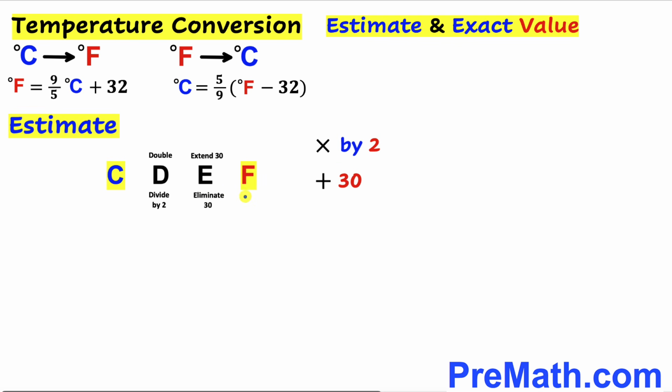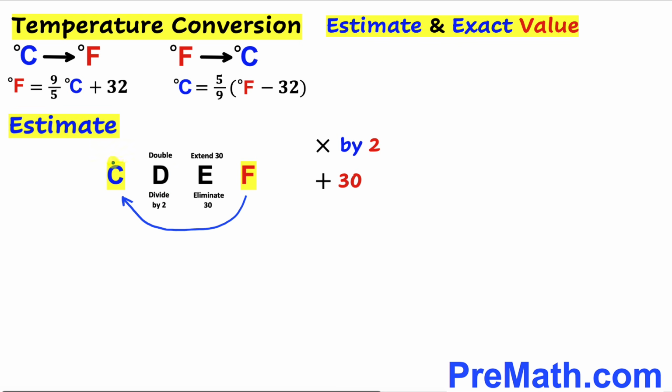And likewise, if we go from degrees Fahrenheit to degrees Celsius, in other words, we are going to convert from degrees Fahrenheit to degrees Celsius. Since we are going from right to left, the values tend to decrease. So therefore E comes first. E means we are going to eliminate 30 from the value of F. And then whatever the result is, D stands for divided by 2.